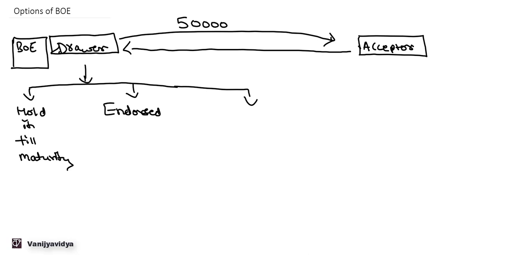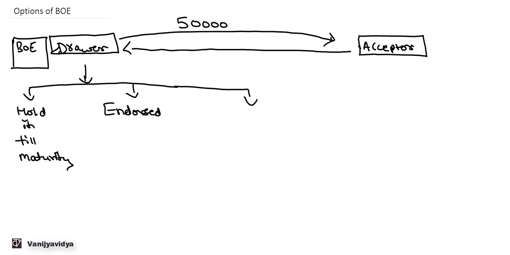Say this drawer has to pay some amount to another person, equal to this bill of exchange. So instead of making a payment, he can just give this bill of exchange to that person, that is the third party, and on the due date, this third party can recover the amount from the acceptor.